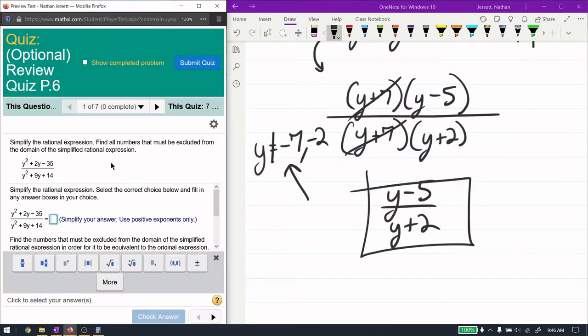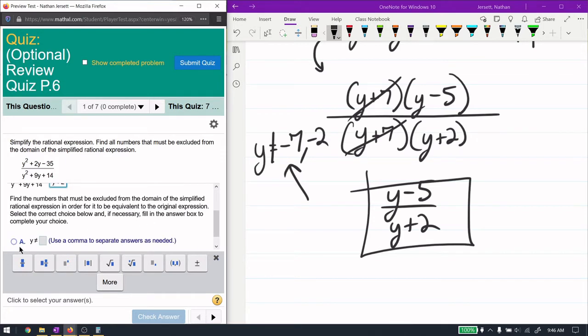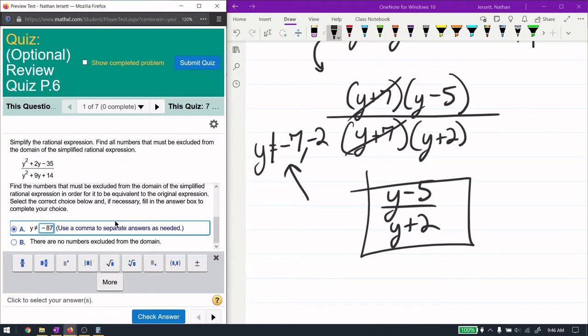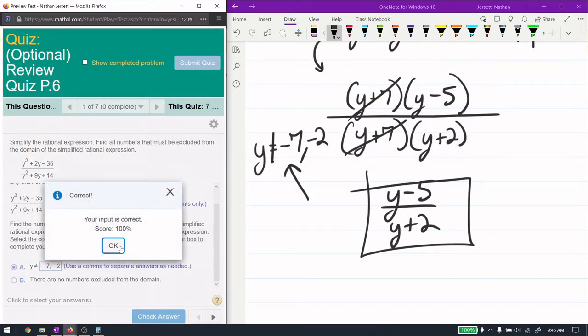So the first part is, what is it simplified? y minus 5 divided by y plus 2. And we know that y cannot equal negative 7 and negative 2. Make sure you put a comma between those two numbers. And that's correct.